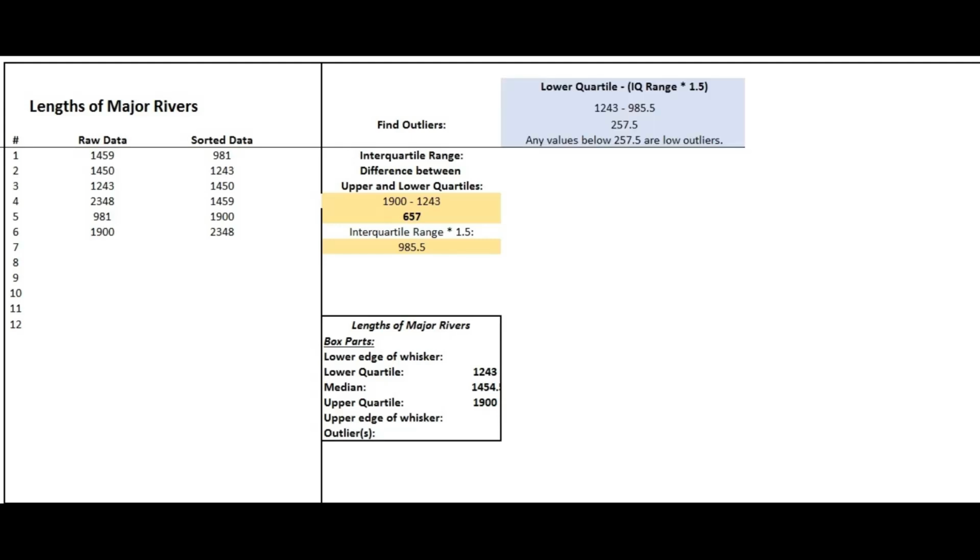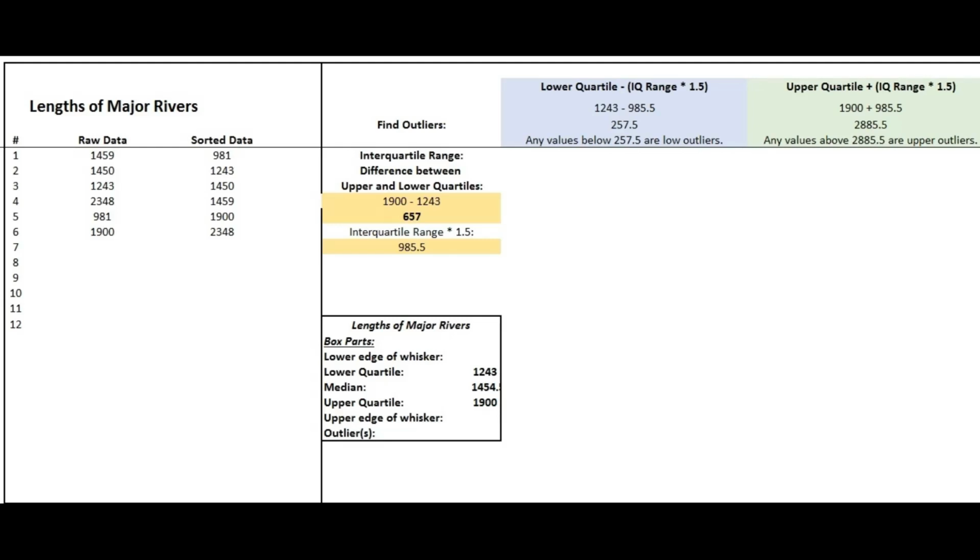Now, let's see if we have any outliers. Take our lower quartile and subtract 985.5. That's 257.5. Are there any values in that list below 257.5? No. We don't have any low outliers. So we know the lower edge of our whisker is going to end up being 981.